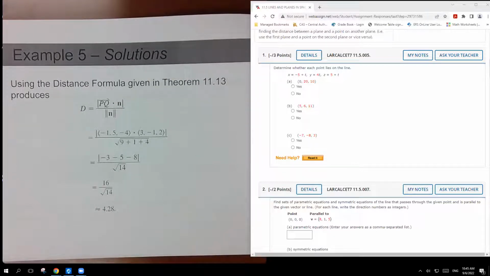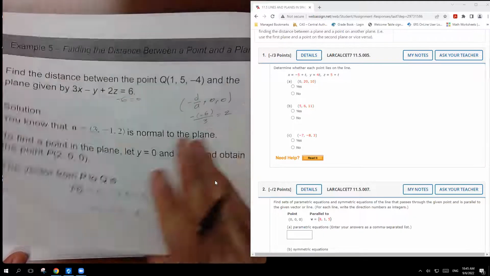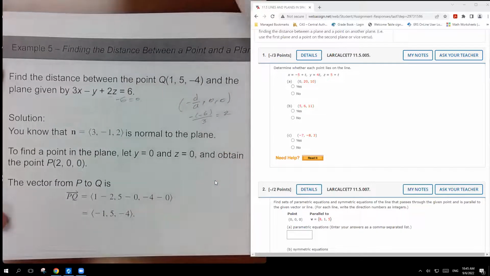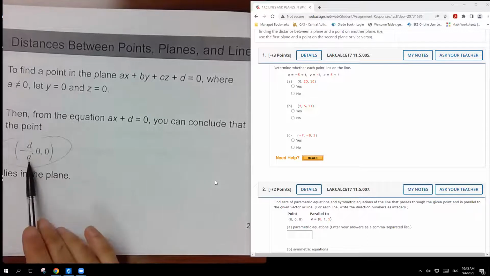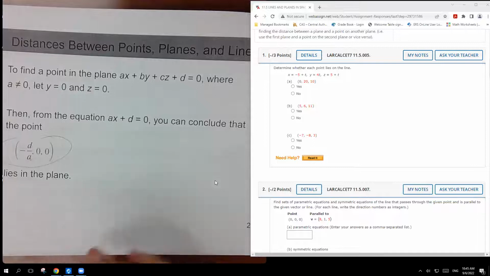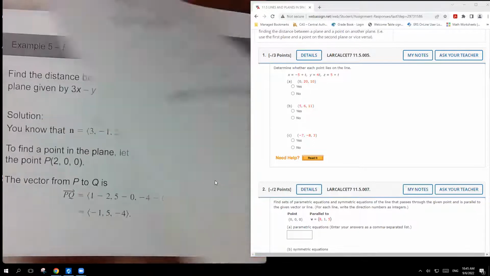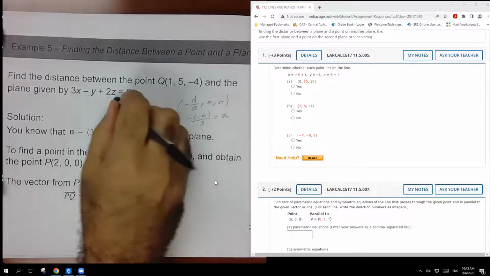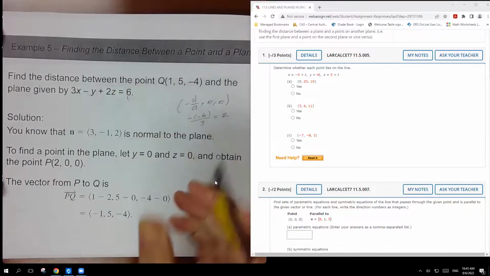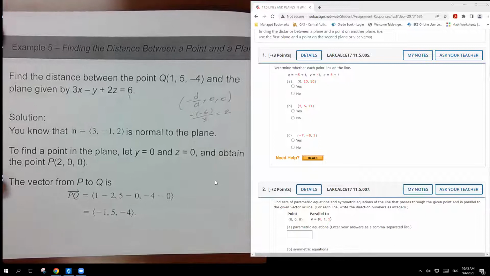Sir, how did you get the 2, 0, 0 again? That was kind of confusing. Yeah, here's a formula. You can use this formula to find a random point. You can choose any point here, but make sure to choose an easier point.